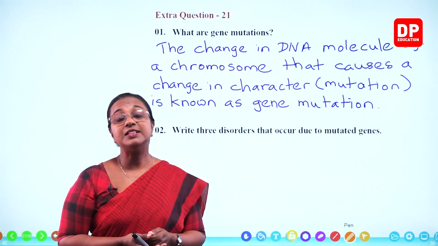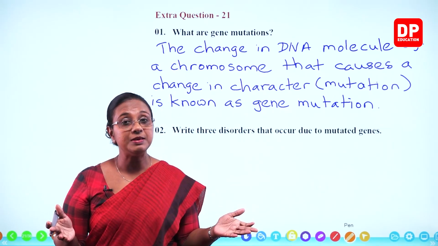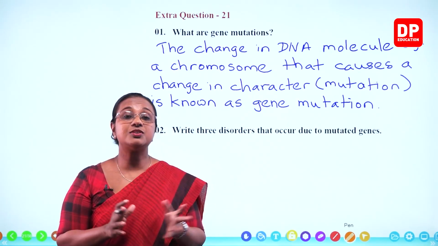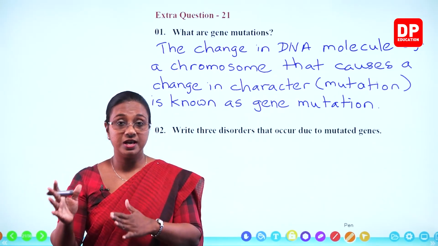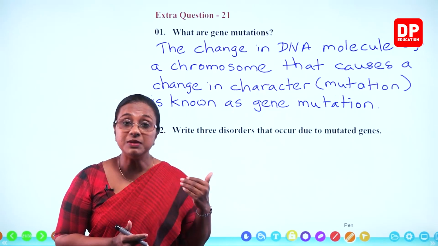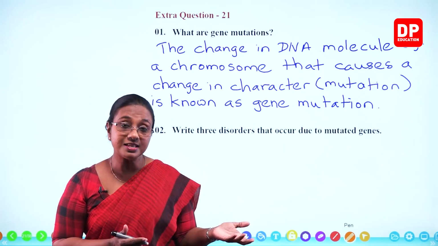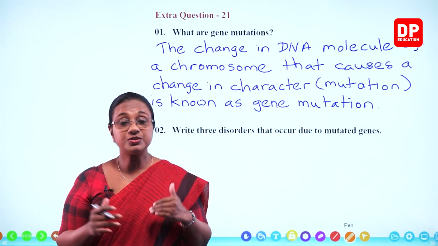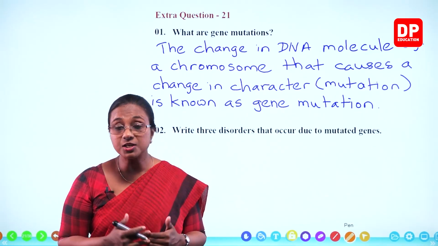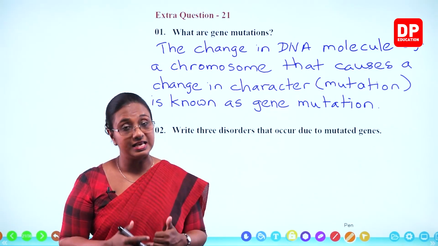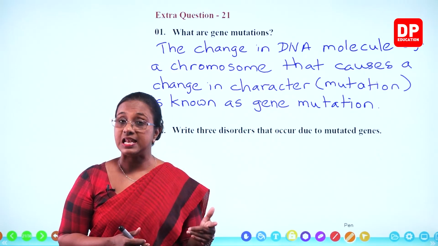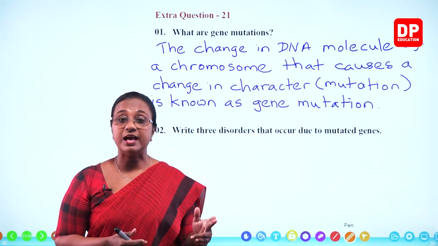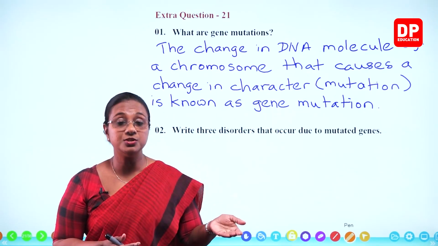Then you are familiar with thalassemia. Again, thalassemia, the dominant gene is responsible for the production of hemoglobin, but the mutated gene, that is the recessive gene, causes the disease where the production of hemoglobin is less. So albinism, thalassemia. In addition to that, we have discussed some syndromes.